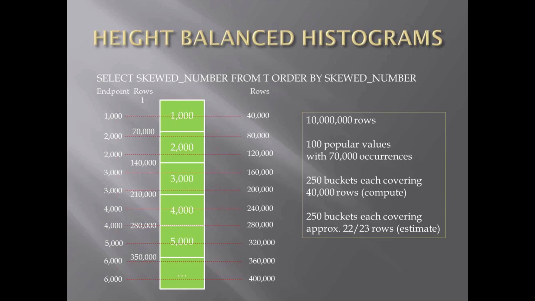And this is where you have to be very, very careful with histograms. This is, for example, a data pattern that simply won't work very well with height balanced histograms depending on the questions that you ask about the data.